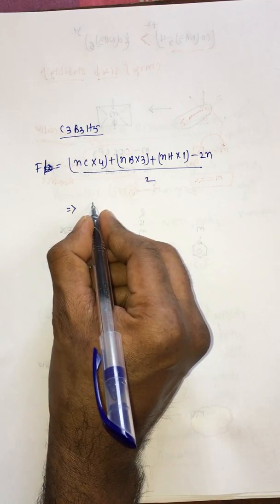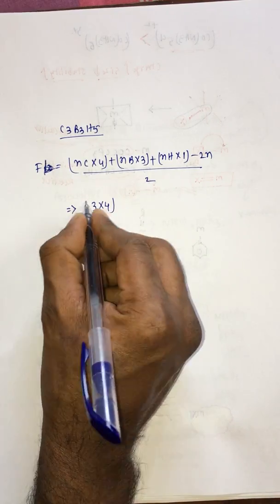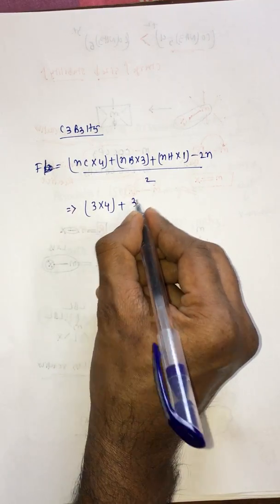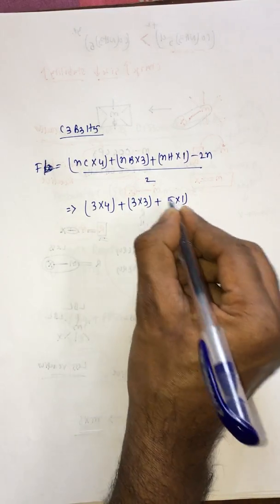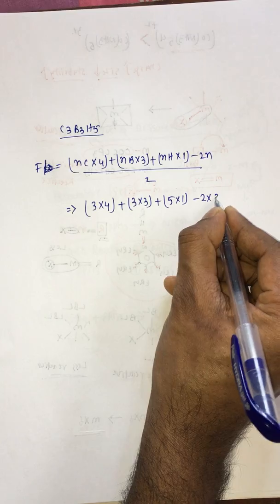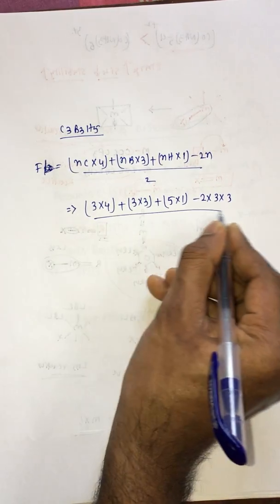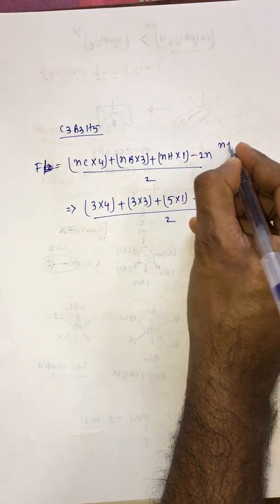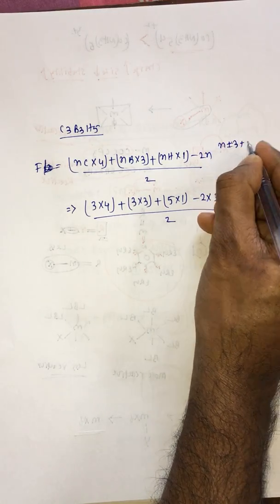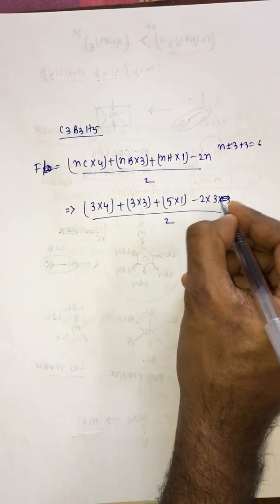So number of carbons, how many? 3 into 4 plus number of borons 3 into 3 plus 5 into 1 minus 2 into 3 into 3 by 2. Sorry, n equals to 3 plus 3, it will be 6.